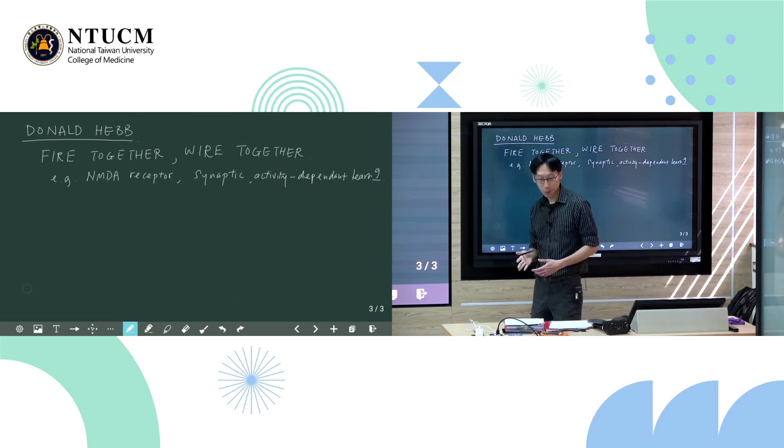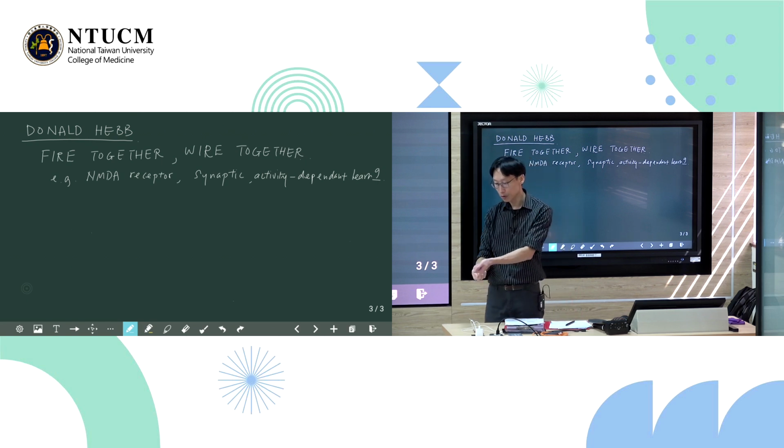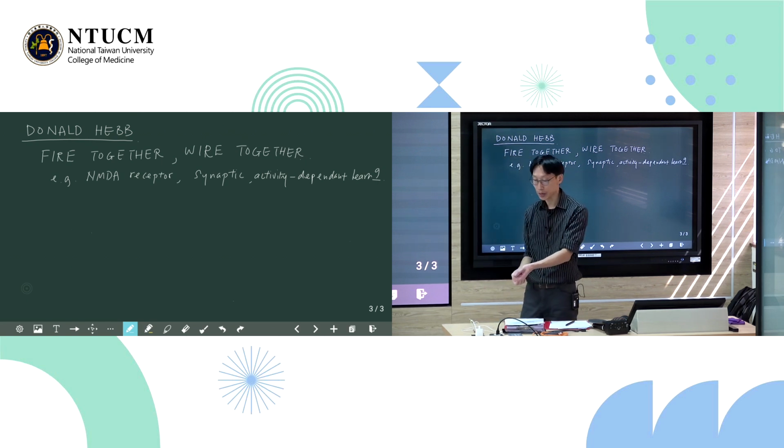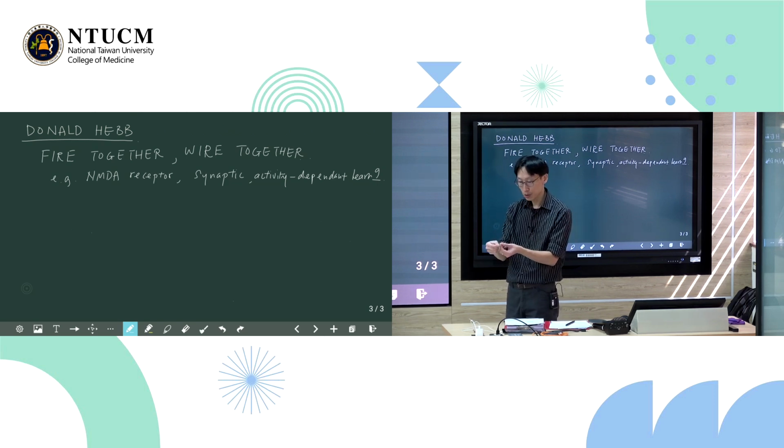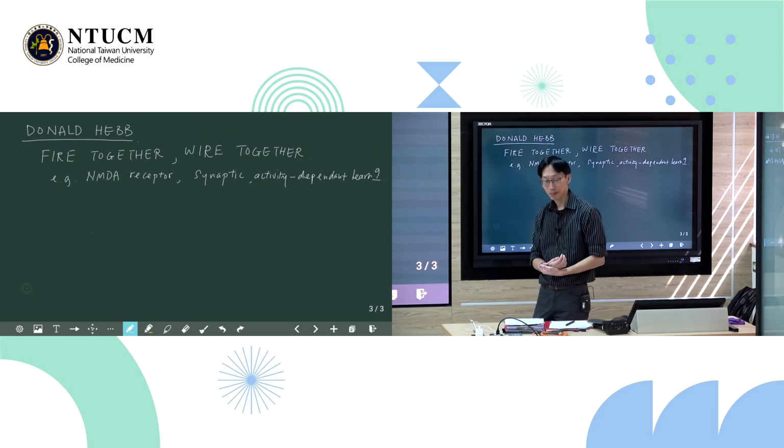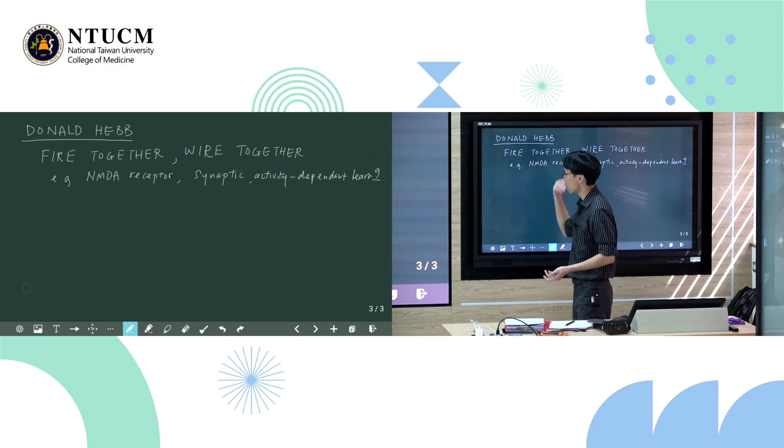The phenomenon is that if you observe in vivo, or in vitro, you stimulate neurons and they fire together, they will start to form synapses, so that the next time you stimulate this neuron, the other neuron will also get stimulated. Originally they were not connected, but they have this way of reinforcing each other to strengthen the connection, because when I'm active, you're active too, so let's make connections. This is an observation, it's a fact.